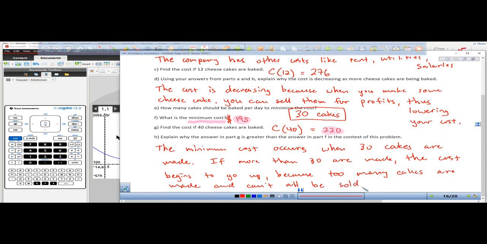So they're wasting money making the cakes, and then they're not able to sell them because they've made too many that day.